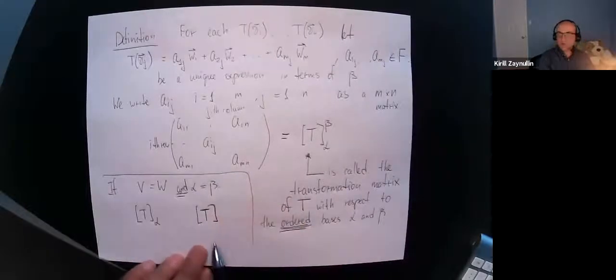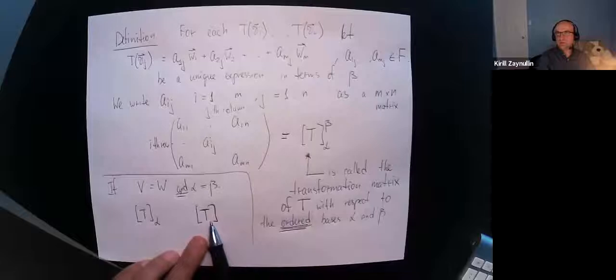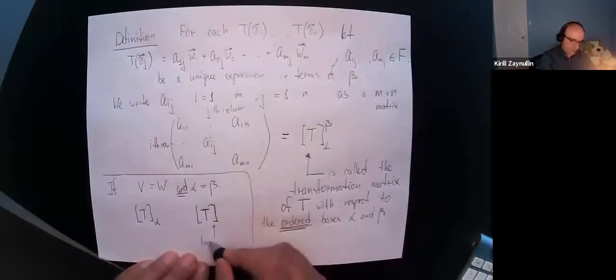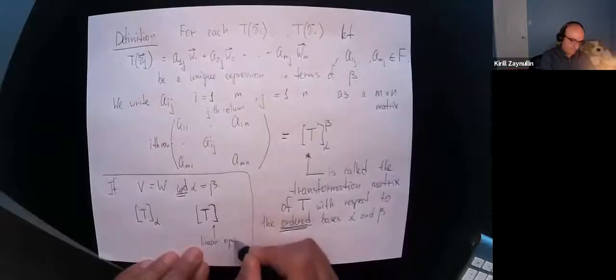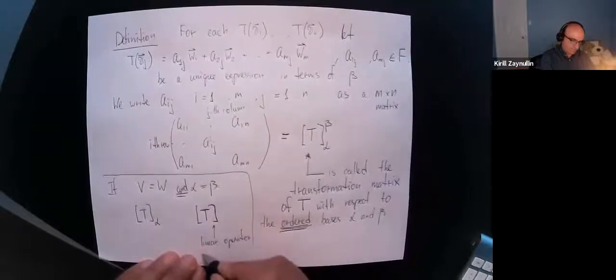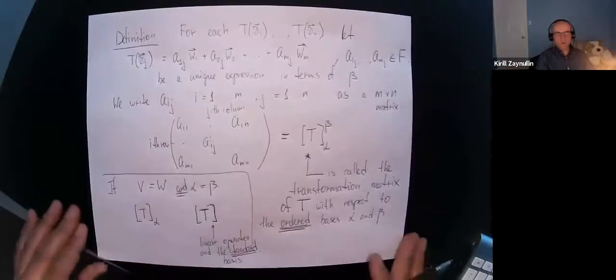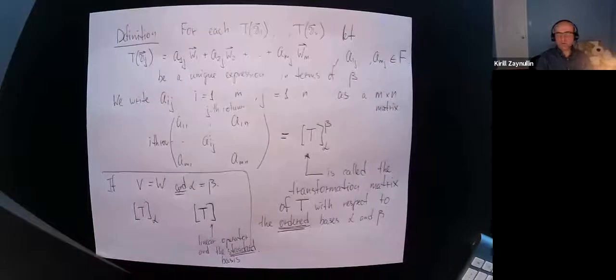Then the transformation matrix will be denoted like T in the square brackets. So in this case, it means that this is a linear operator with respect to the standard basis. Okay, so that's a common notation for such transformation matrices.